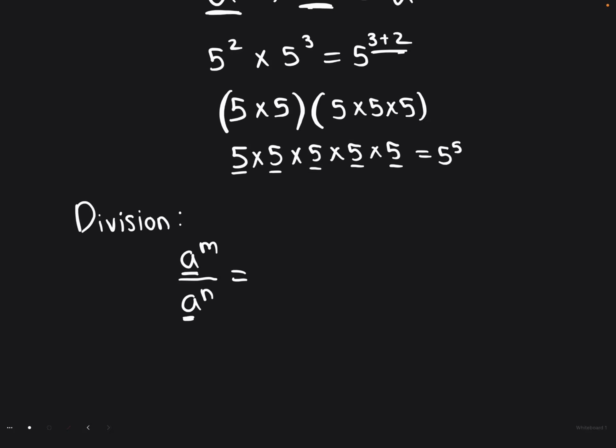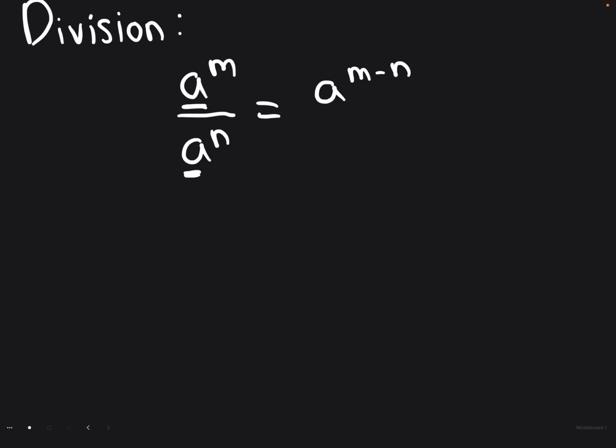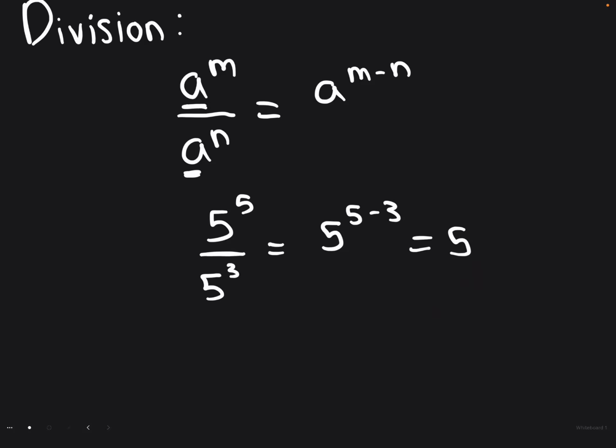So this becomes a^(m minus n). Why is this the case, you might wonder. Let's say we have 5^5 over 5^3. First we'll apply the rule, which becomes 5 to the power 5 minus 3, which is equal to 5 squared.